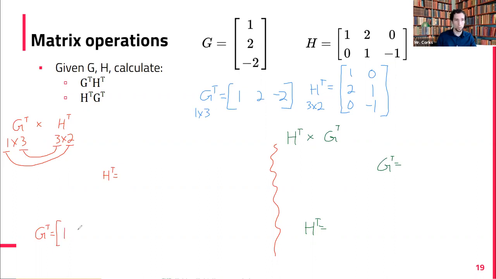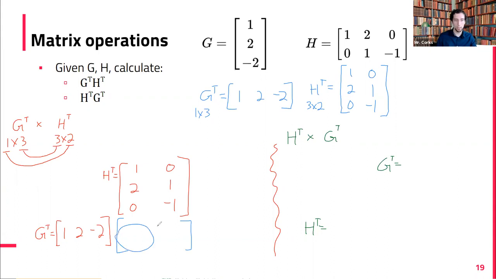So G transpose is a 1, 2, -2 matrix. H transpose is a 1, 0, 2, 1, 0, -1 matrix. All right, so very small result we're going to have down here. Normally we would skip writing out this plus this plus this, but just again, so we can all see very clearly what's happening.